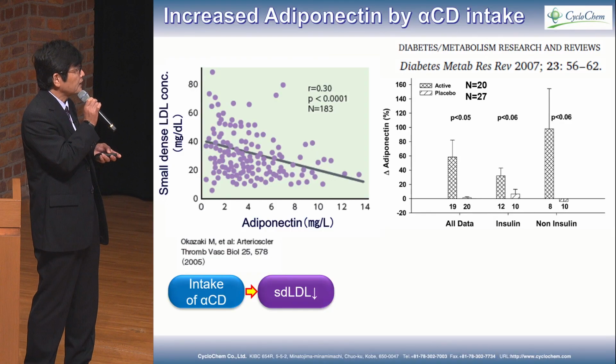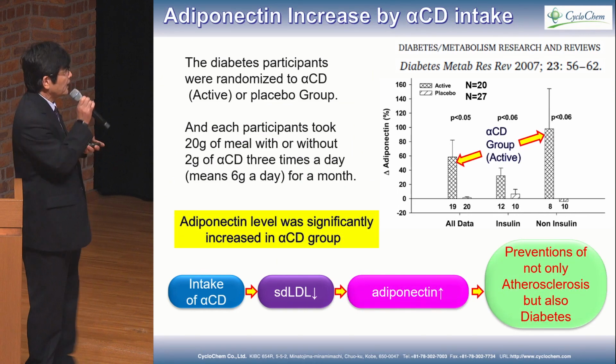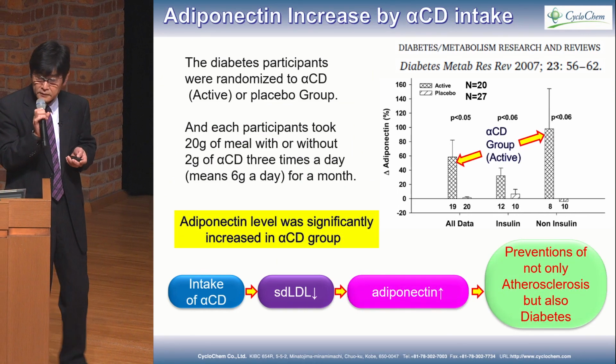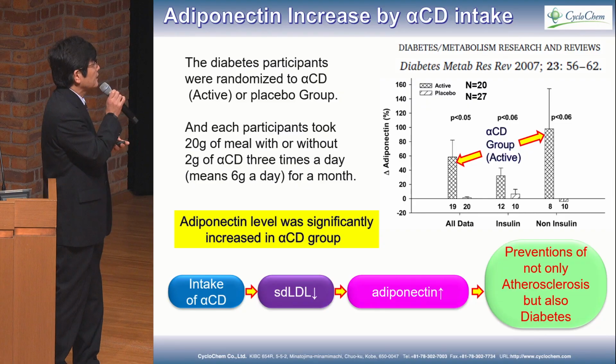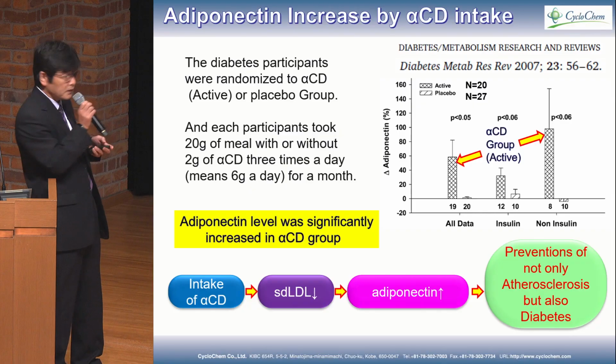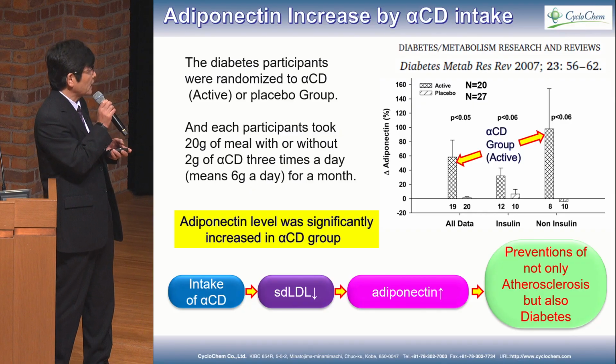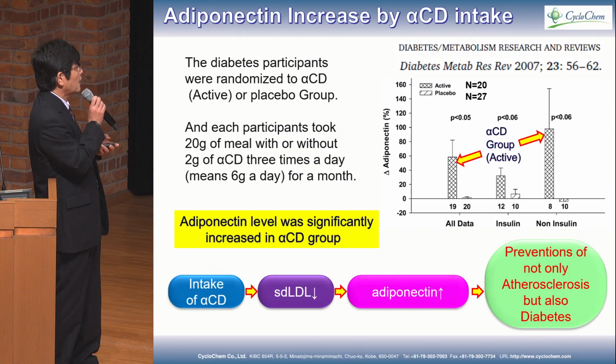Using diabetic participants, they were randomized to the alpha-cyclodextrin intake active group and the placebo group. Each participant took a 20 milligram meal with or without 2 grams of alpha-cyclodextrin 3 times a day.